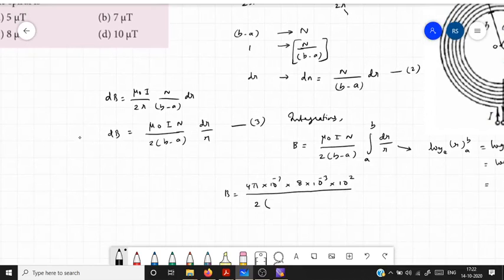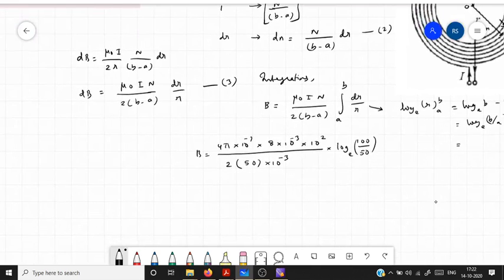If you subtract the two, you will get 50 mm, which can be written as 50 into 10 power minus 3, into log of 100 mm B divided by 50 mm A. The base is e. This is 2. 10 power minus 3 can be cancelled. 2 into 50 is 100, which will be cancelled by the 10 power 2.